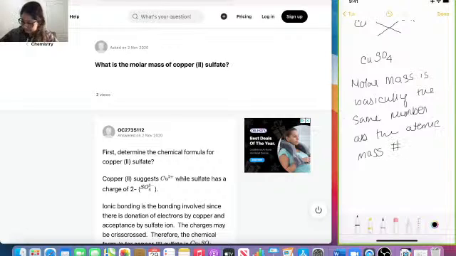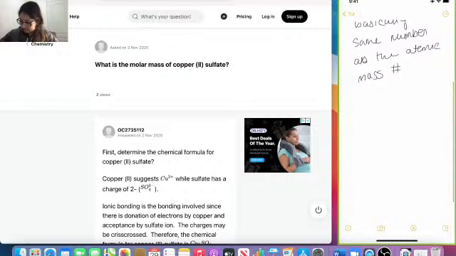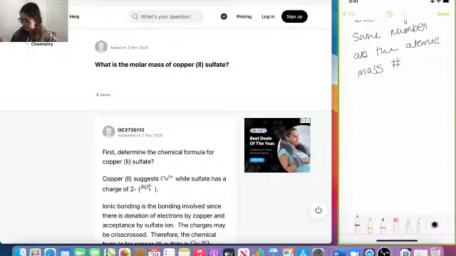What I mean by this is, let's take copper in our first case and find the molar mass of copper first. I'm denoting mm as molar mass. The molar mass of copper is the same thing as its atomic mass.